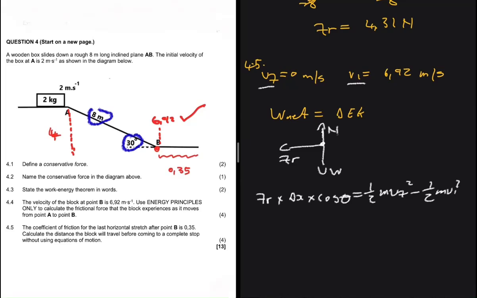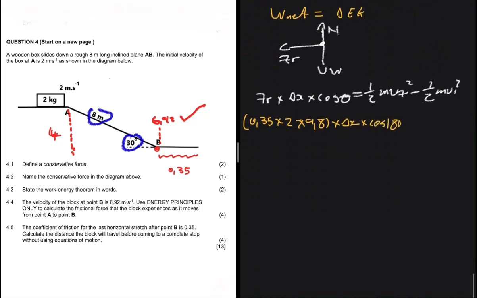So the coefficient is 0.35, and the normal force is mass multiplied by gravity, so that will be 2 multiplied by 9.8, and then we have delta x, and then the angle that we have there is obviously cos of 180 for frictional force, and that should be all equal to, so I'm running out of space, so I'm just going to write it here.